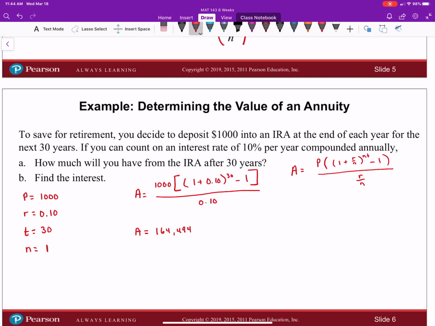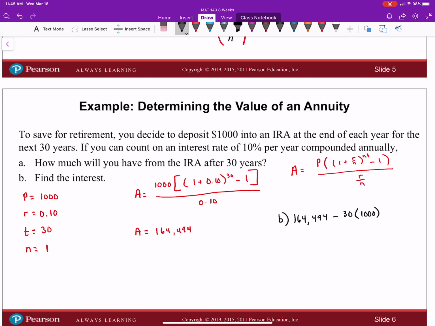All right. So now this is the total amount that you will have after the 30 years. But Part B wants you to figure out the amount of interest that you accrue. So therefore, now it's basically the $164,494 minus the 30 years times the $1,000, because you did $1,000 per year.